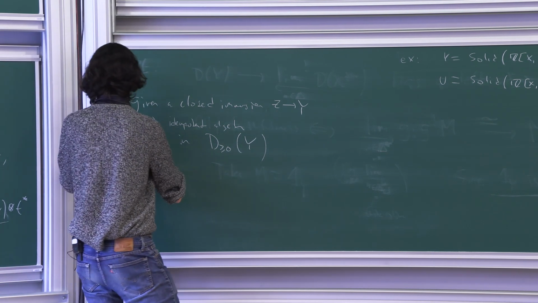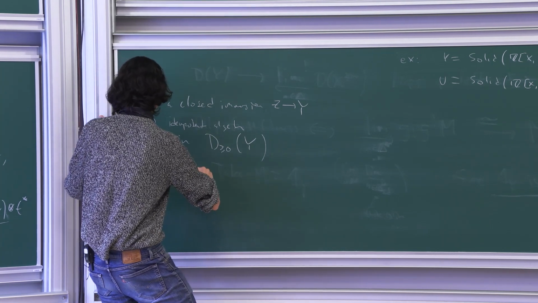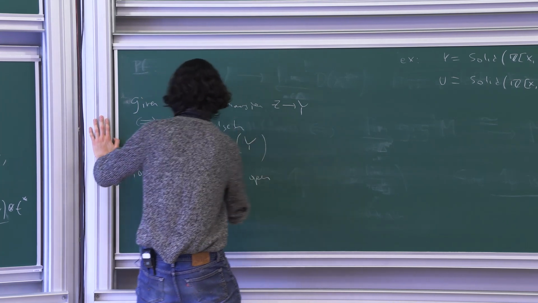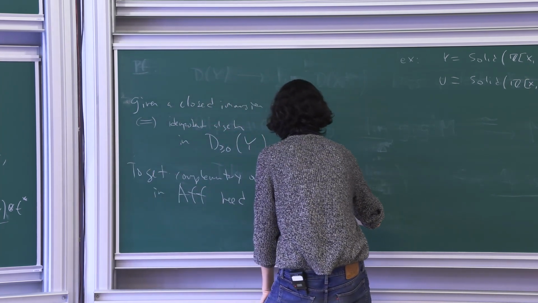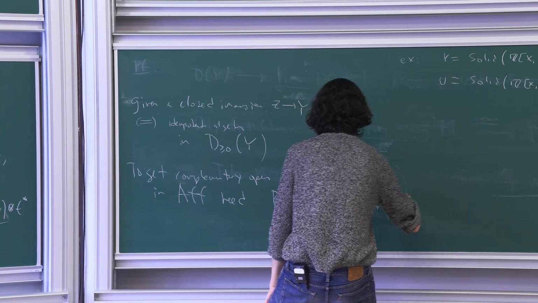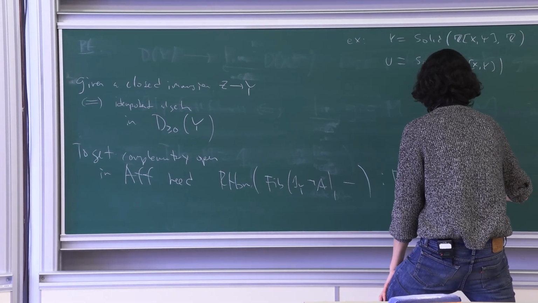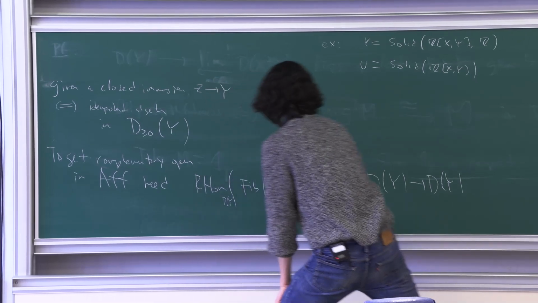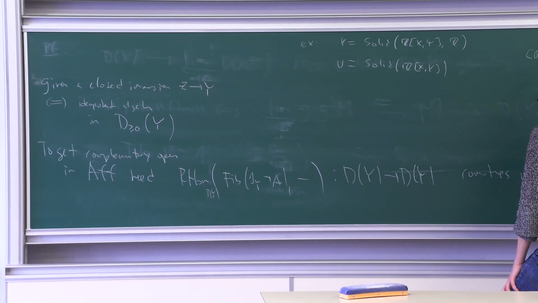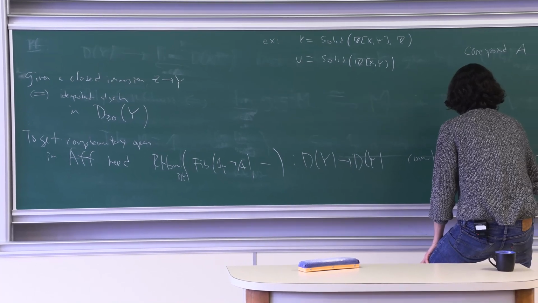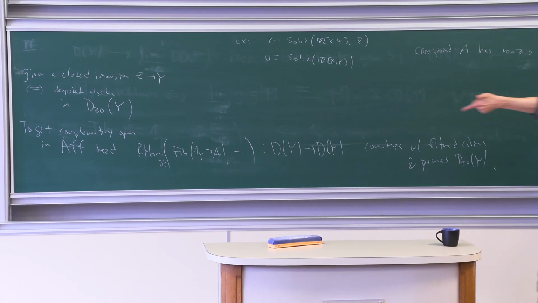So then you need, to get a complementary open in AF, that R HOM from the fiber of a unit of Y going to A to this, which is a functor from D of Y to D of Y, commutes with filtered colimits and preserves D greater than or equal to 0 of Y. So that's the formula for what would be the localization functor to the complementary open.